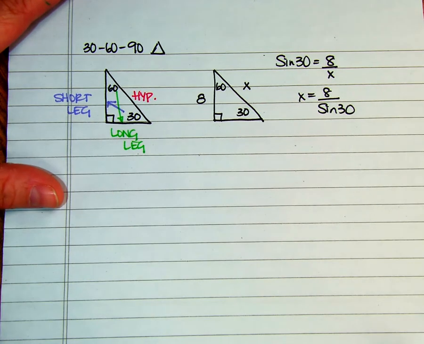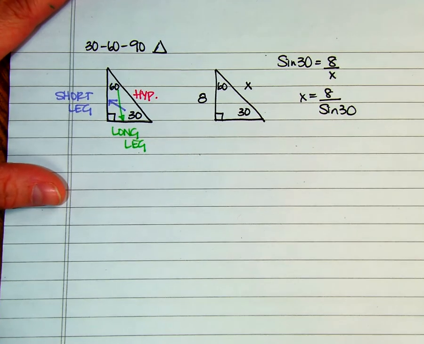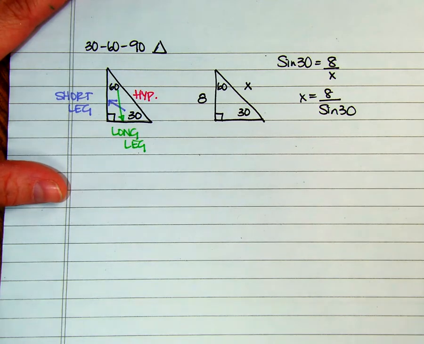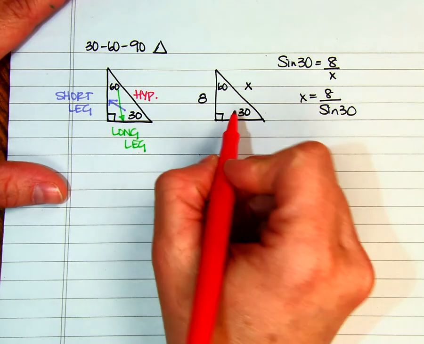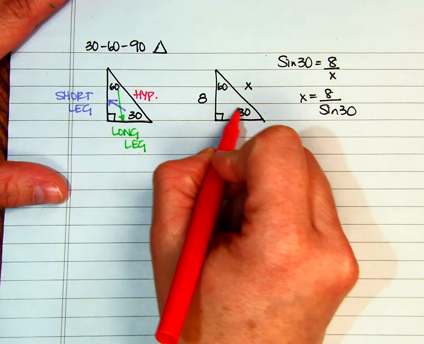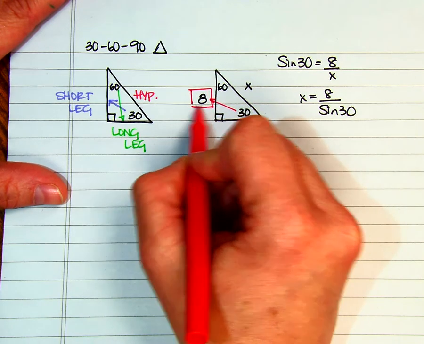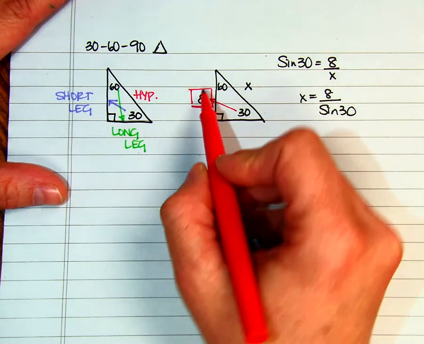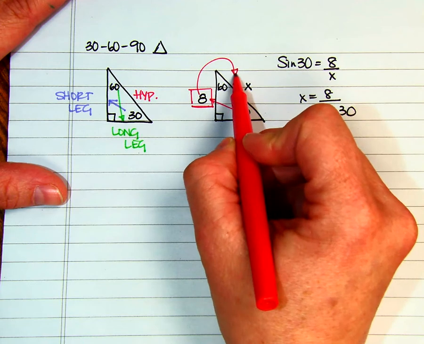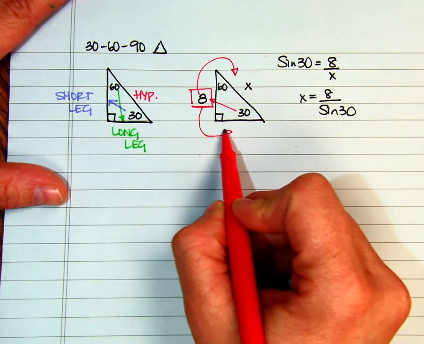But with a 30, 60, 90 triangle, there are some great shortcuts. And that is, if you know the side opposite the 30, I call this my stepping stone. From here, I can find the hypotenuse, or I could find the long leg.